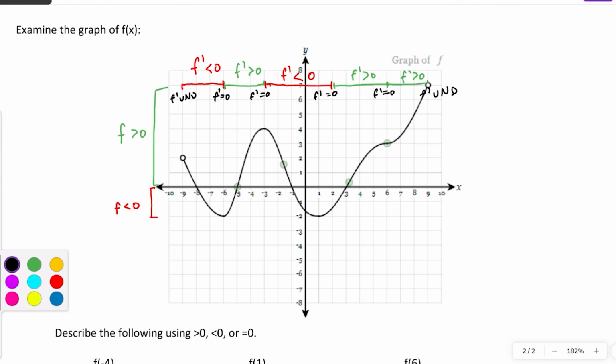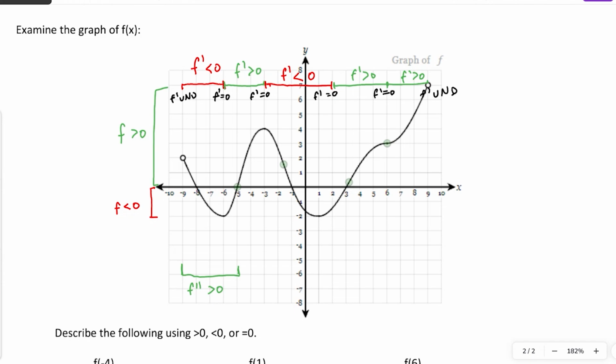Okay, these are the points where the concavity is changing. And again, we probably need to do some algebra to know exactly where they are, but this should be okay. So if the function's concave up, so like between -9 and 5, if the function's concave up, the second derivative is positive.